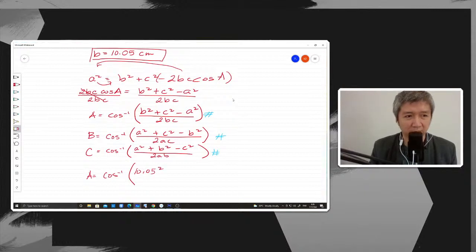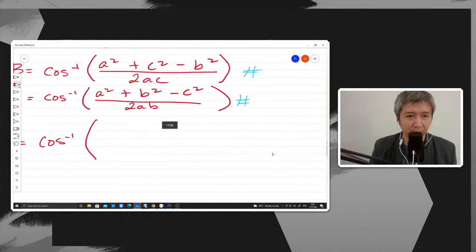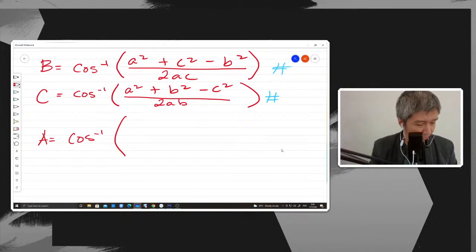Oh, sorry, A first. What is the measure of A? The measure of A is 4.